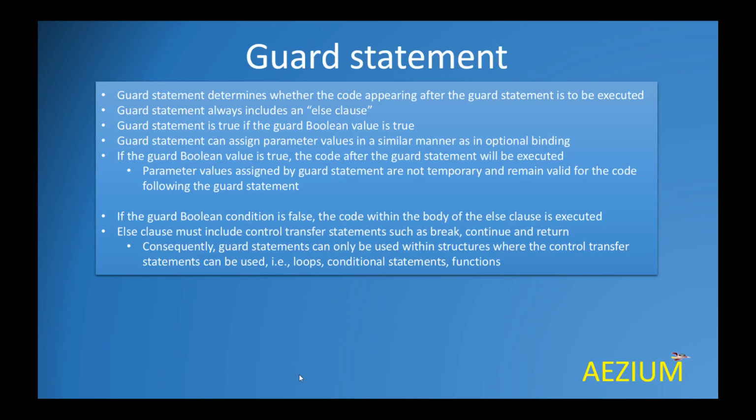If it is not true, the guard statement always includes an else clause similar to the if-else statements that we've seen before, and that else clause will contain the alternative code which should be run instead of the code which appears after the guard statement.